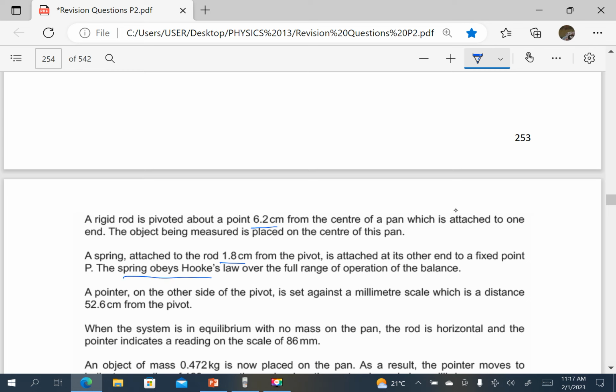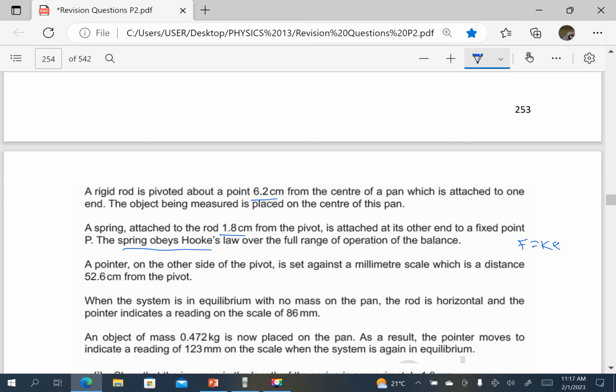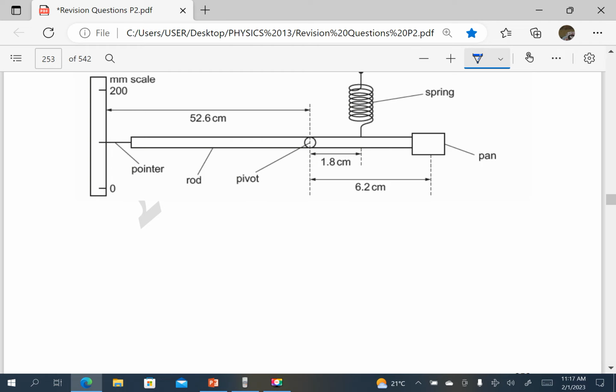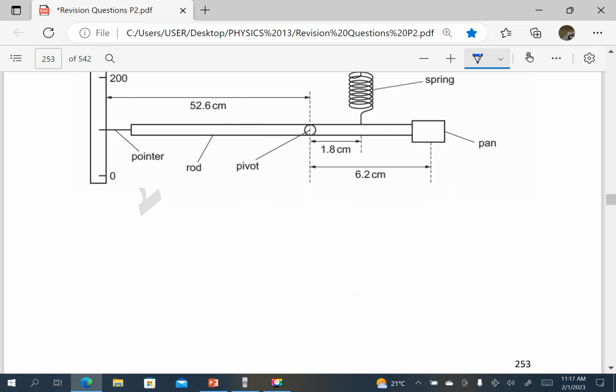That means F is equal to K times the extension over the full range of operations of the balance. In other words, it doesn't go beyond the elastic limit. A pointer on the other side of the pivot is set against a millimeter scale, which is a distance 5.52 centimeters from the pivot.